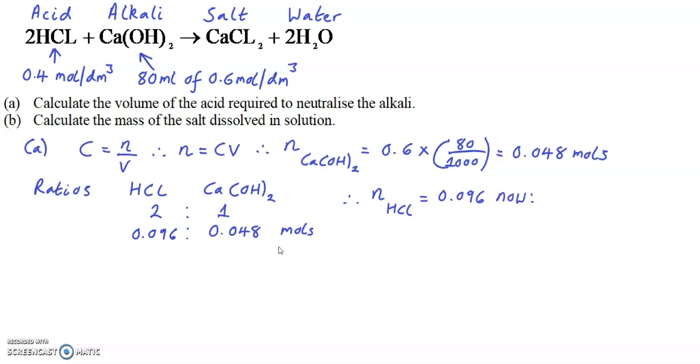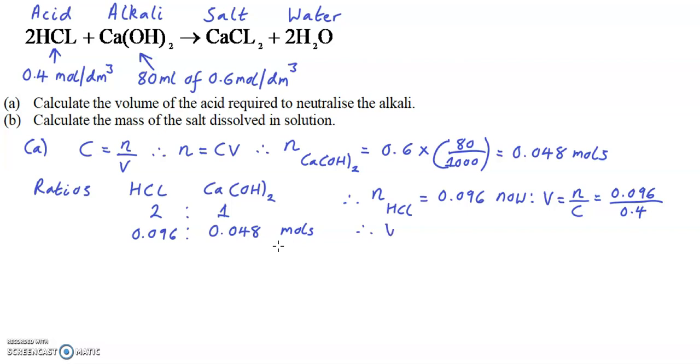Now if we make V the subject of that formula, we have V equals N over C, number of moles over concentration. So that's going to give 0.096 over the concentration, which is 0.4.